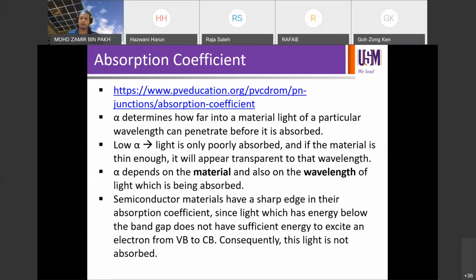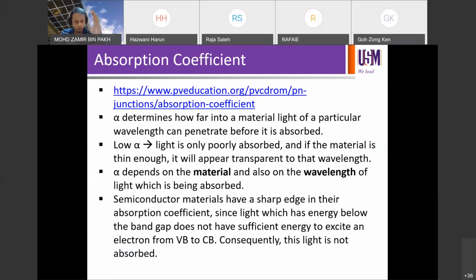You have to know the alpha and the wavelength of the incident photon as well. Low alpha means the light is poorly absorbed, and if the material is thin enough, it will appear transparent to that wavelength.